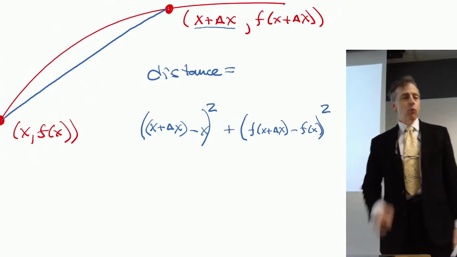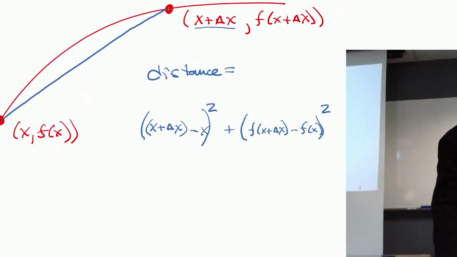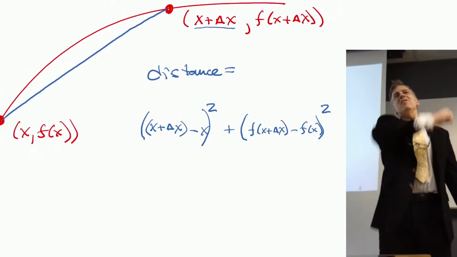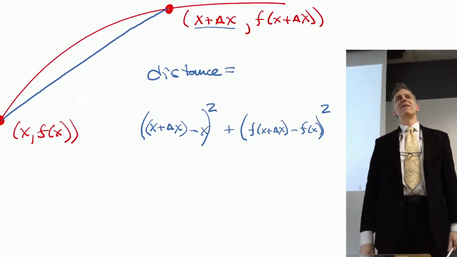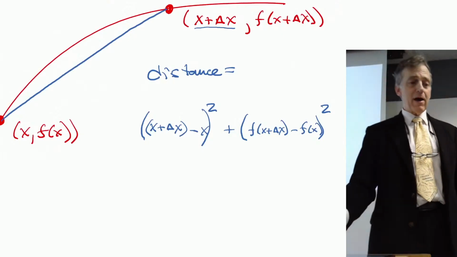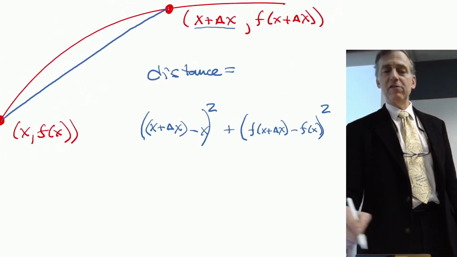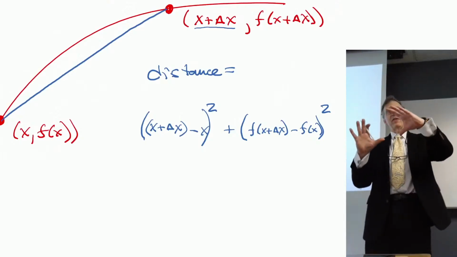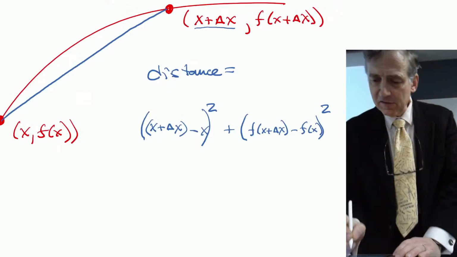I like it. One more step that we need to do. Ben, what's the last thing that you need to do? The square root, exactly, because when we square those and add them together, what we're going to get is the square of that distance because of the Pythagorean theorem. And so, yeah, do the square root.